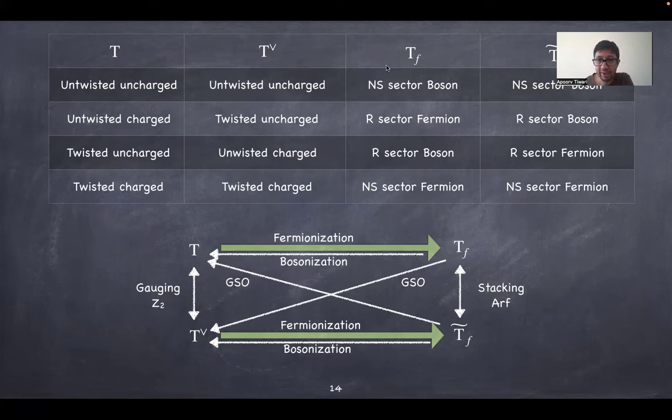In doing so, we get a theory TF. Instead, if we had identified the fermion parity after gauging to be just η instead of πη, you'd end up with T̃F. And this orbit of theories is related by fermionization, gauging, and stacking with R on this side. So R stacking just exchanges the R sector fermion with the R sector boson. And one can go diagonally. This is known as GSO projection.